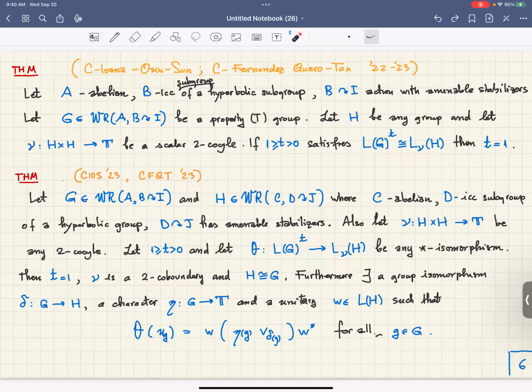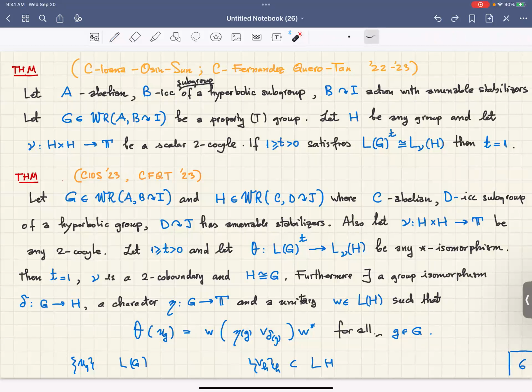So in other words, you have your canonical unitaries: U_g generates L of G, and V_h generates L of H. This isomorphism is group-like. It's coming from moving group elements to group elements, sending U_g to V of the image of g via the group isomorphism, and multiplying, or twisting, this by a multiplicative character, okay?